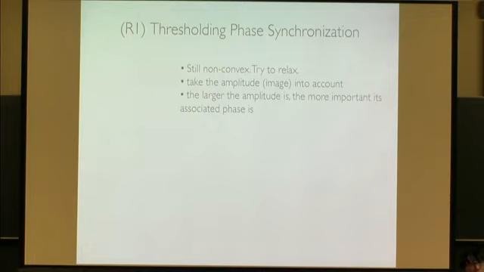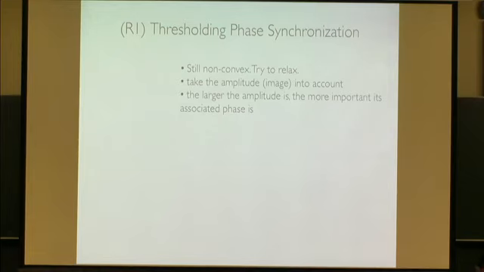So we will try to relax it. How to relax it? Before relaxation, we think a bit more. Recall that the amplitude information is very important. When you want to recover an image from the Fourier domain, the larger the amplitude is, the more important its associated phase is. So we want to do our best to recover the phase so that its associated amplitude is large.